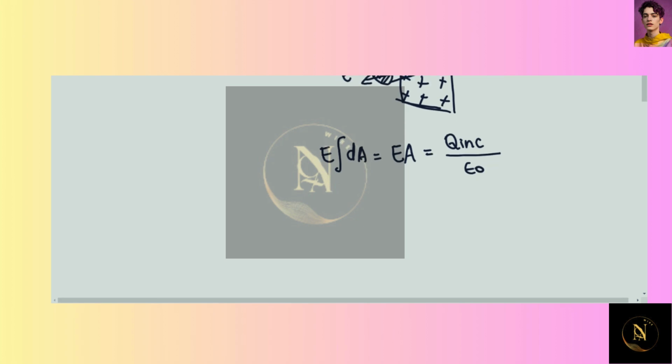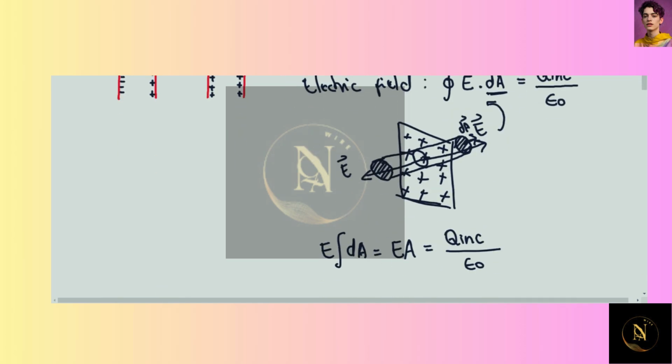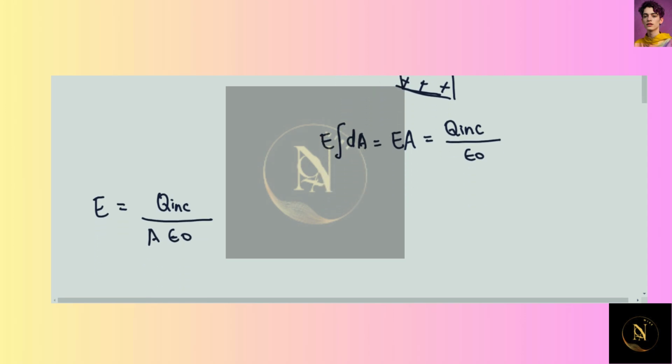Now we simply solve for the electric field. We note that in this case we are counting this area and the one at the back, so we have 2 times that area.